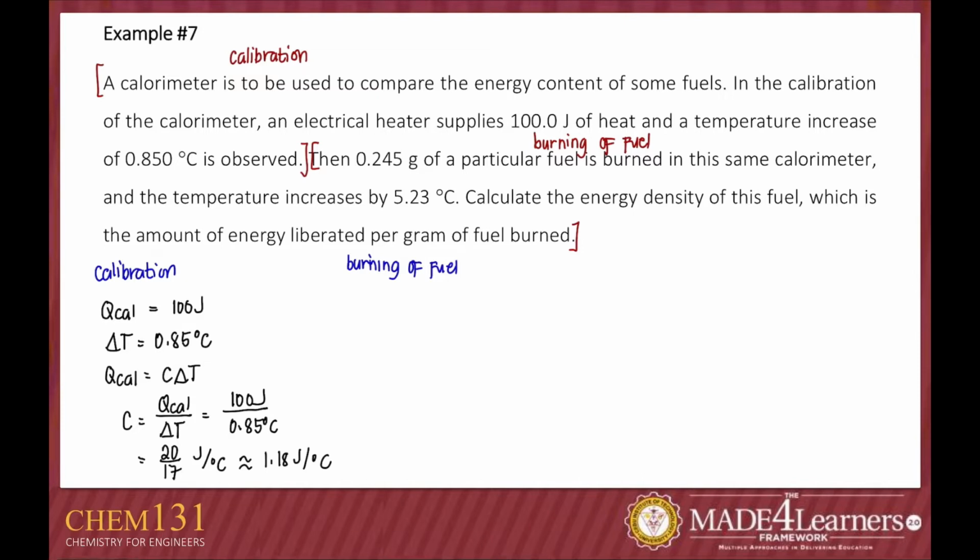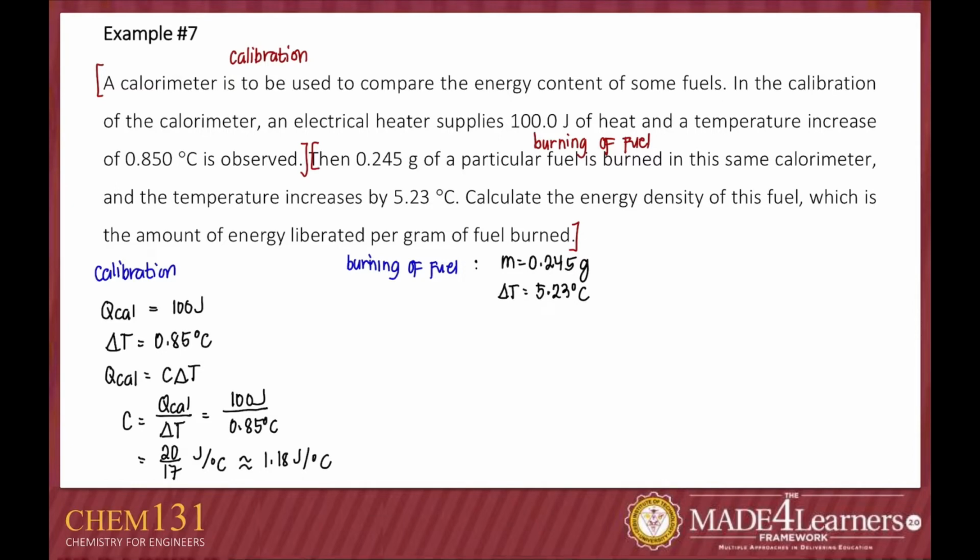the mass of the fuel is 0.245 grams using the same calorimeter, and there is a temperature increase of 5.23 degrees Celsius. Calculate the energy density of this fuel, which is the amount of energy liberated per gram of the fuel burned.